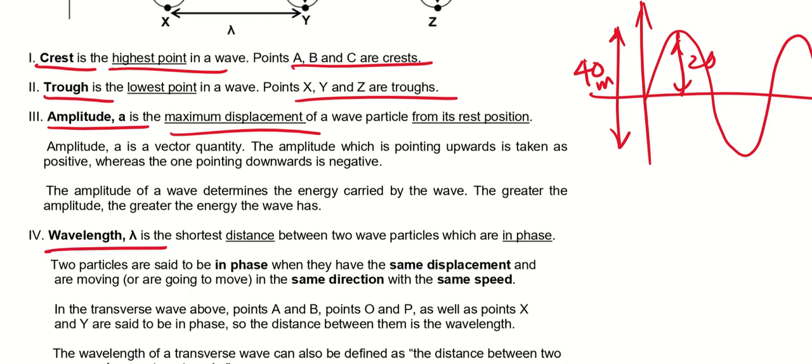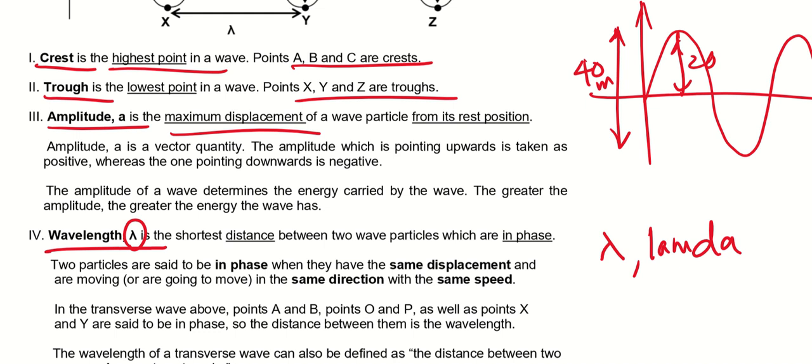Now wavelength is this thing, this symbol is called lambda. Okay, this actually looks like a Chinese character called Ru but never mind.